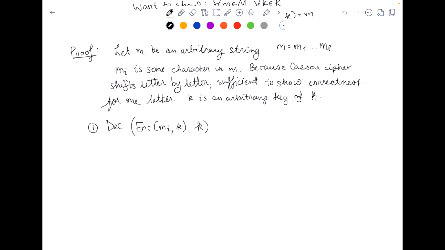And I start out with just plugging in the definition and then saying what that encryption is. So we know that for a single letter, encryption is Mi plus K mod N, where N is the length of the alphabet.